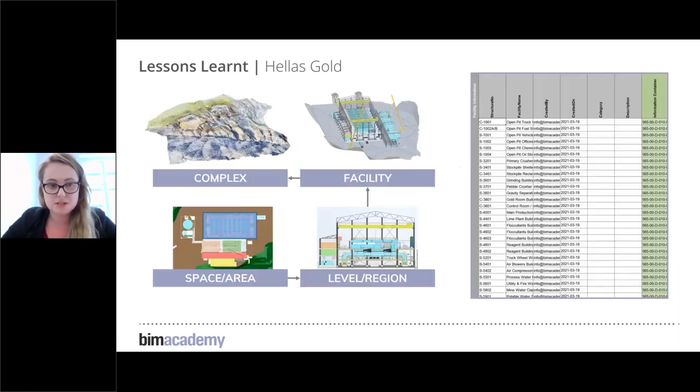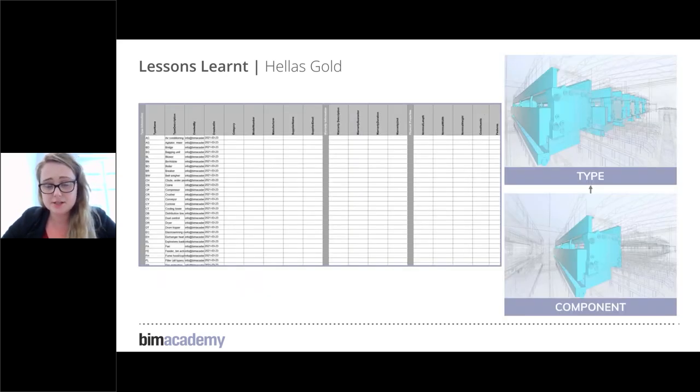But we came up with a system that was built off of COBie, in that the mine was the complex, individual buildings were the facility. Within the buildings we had our levels, and within our levels we had spaces. And likewise, in COBie, for anyone that knows COBie, we also had our types of machinery and our components, which were the individual instances of the types.